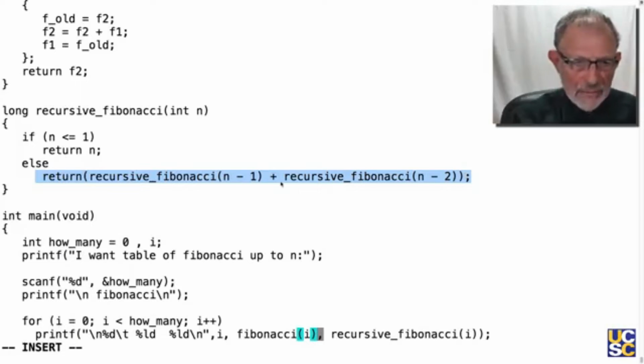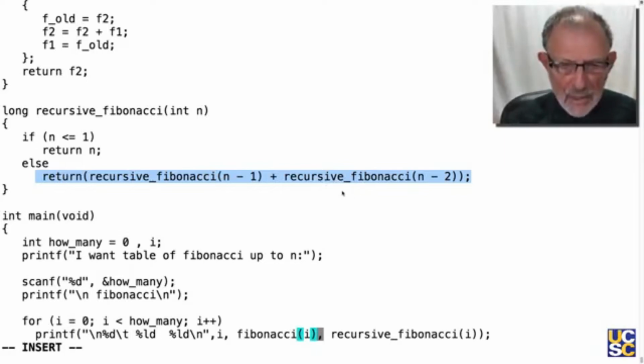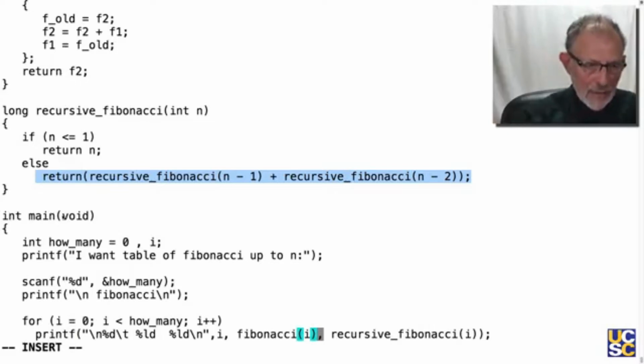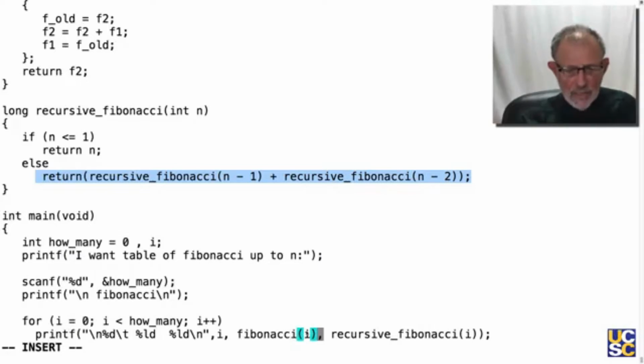So notice, if you have to go very deep in computing Fibonacci of n, you're going to get something like 2 to the nth calls in order to do the number of summations that you'll need when you get to a large value of Fibonacci using the recursive formula. And here I'm just going to ask you to print a table. I'm going to print a table with ordinary Fibonacci and recursive Fibonacci.